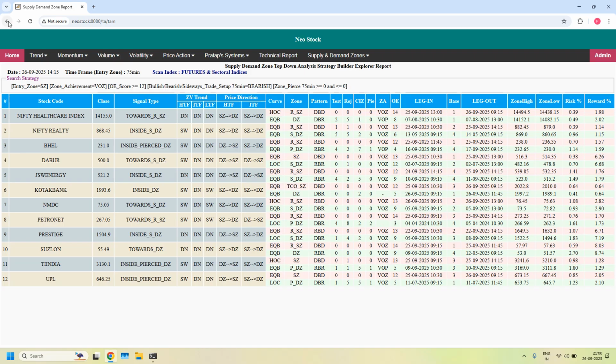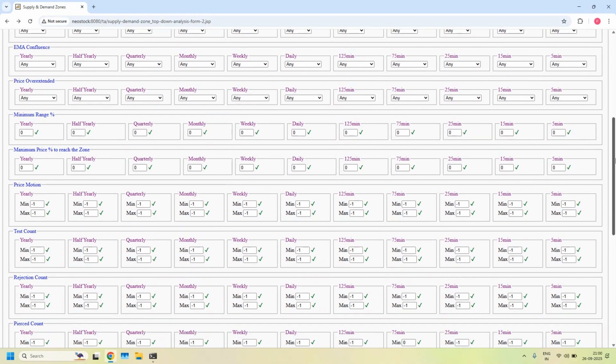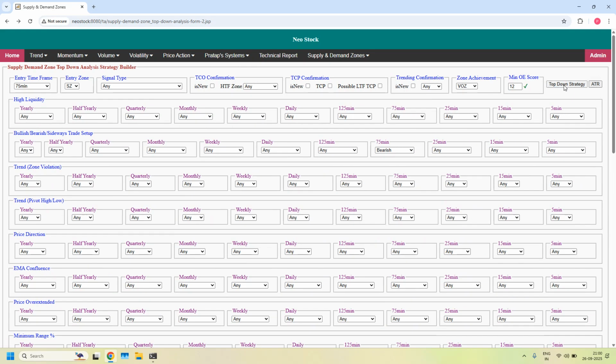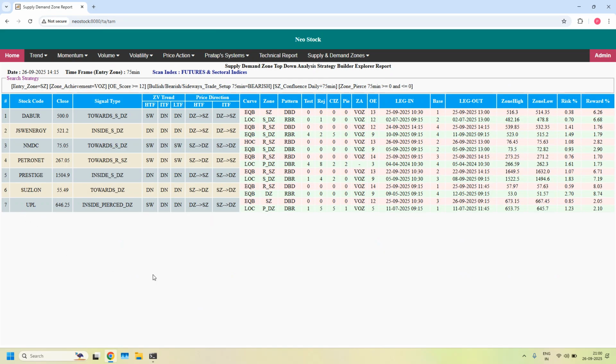First filter is LTF and ITF supply zone confluence. After that, EMA confluence. So 75 minutes and daily supply zone confluence filter is enabled. By applying the filter on the 12 stocks, we got 7 stocks. In these 7 stocks, these 75 minute supply zones are overlapped with daily supply zone.